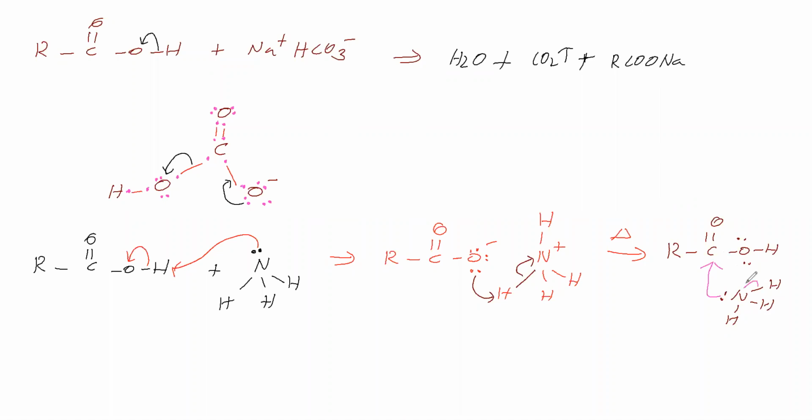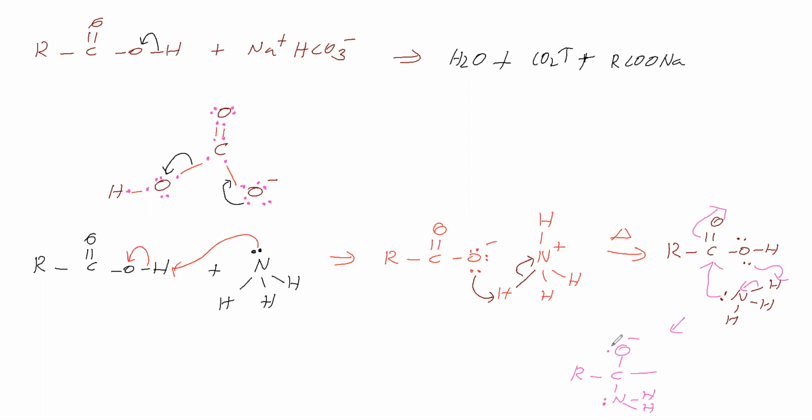Then this is shifting. This is attacking here. Okay. So what we will get is RCO NH2 NH2 here. Here this bond will migrate this side. Therefore here the double bond will not be there. A single bond will be there.